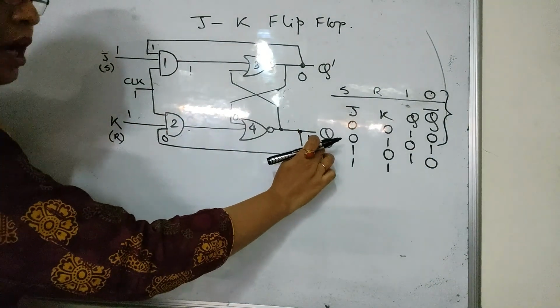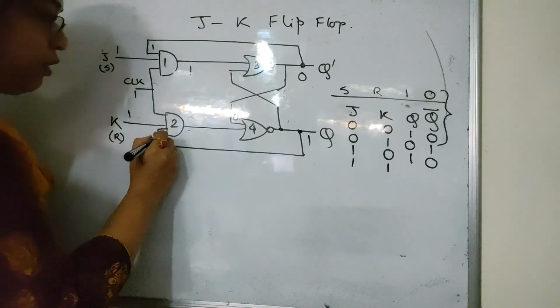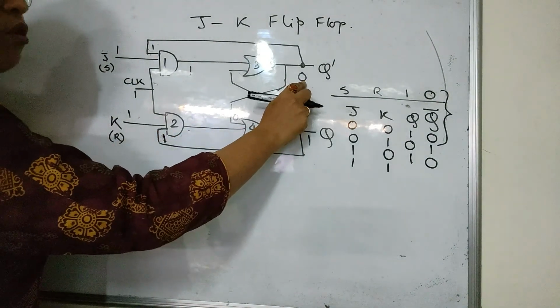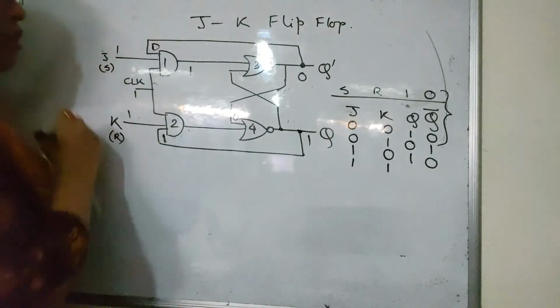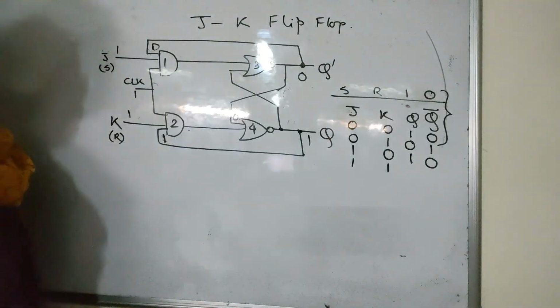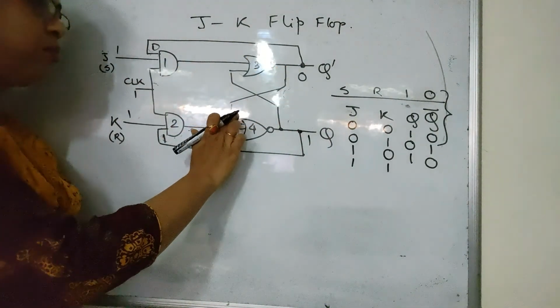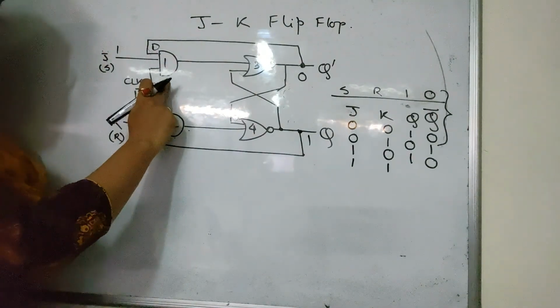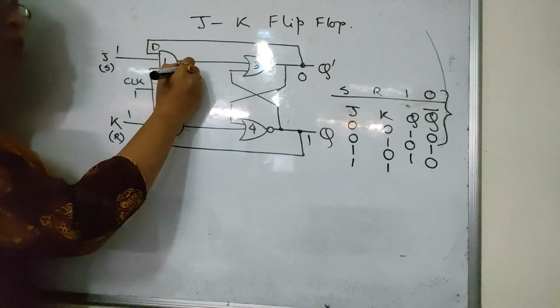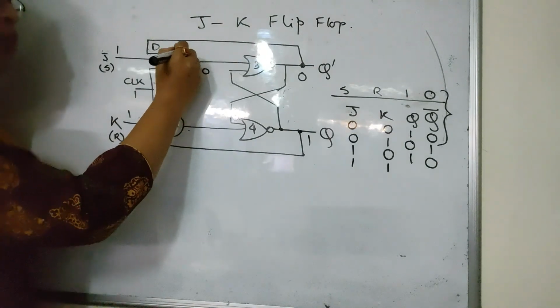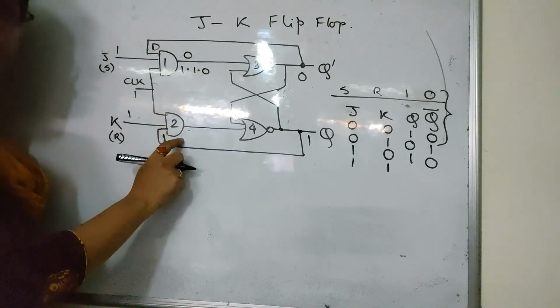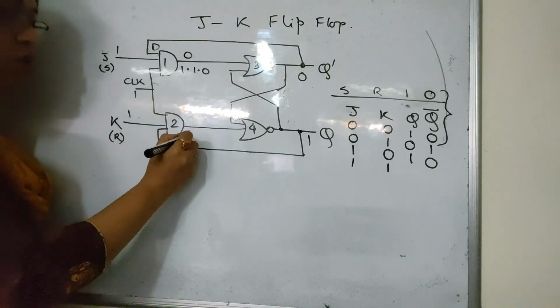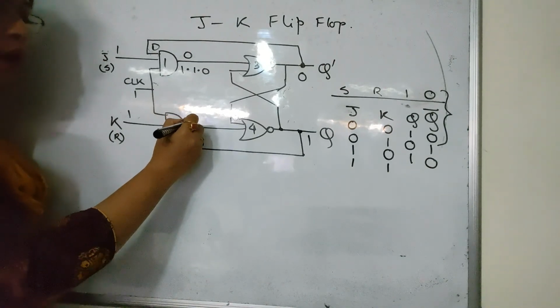So this 1 of Q has been fed back over here and this 0 of Q dash has been fed back over here. So this is our current scenario. AND gate number 1, 1.1.0 gives us a 0. AND gate number 2, 1.1.1 gives us a 1.